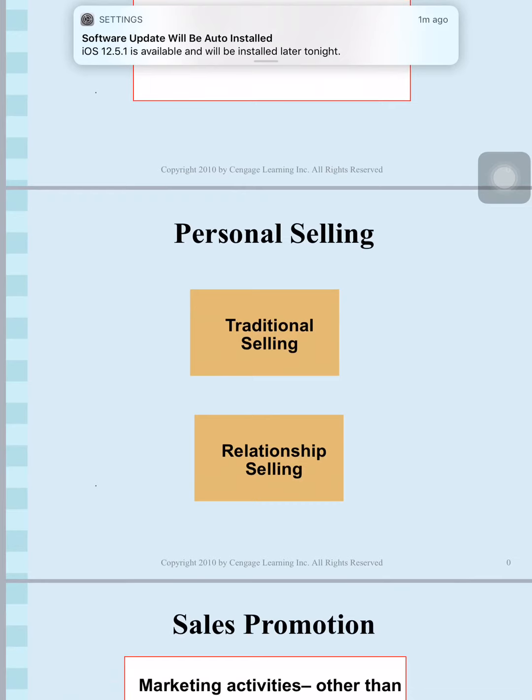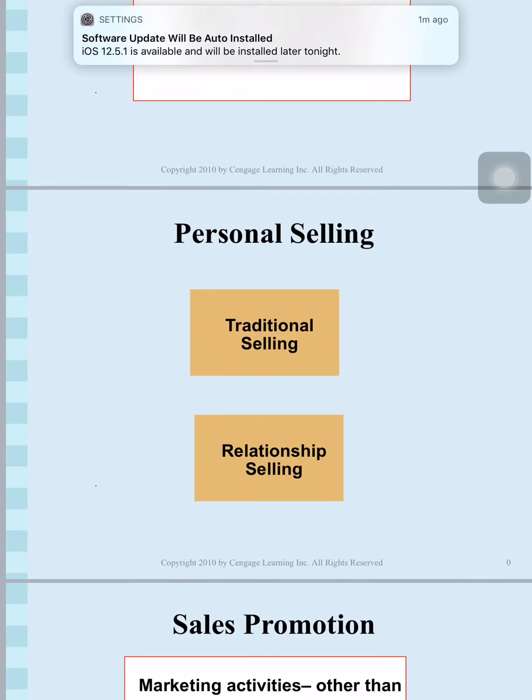Like you do face to face, over the phone or online. This is the way that you can focus on building a long-term relationship rather than making one-time sales with your buyer.